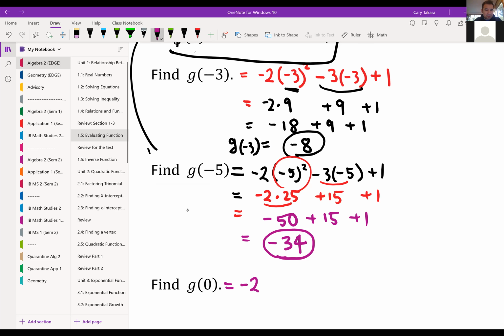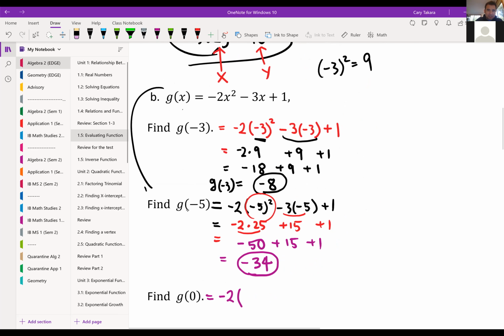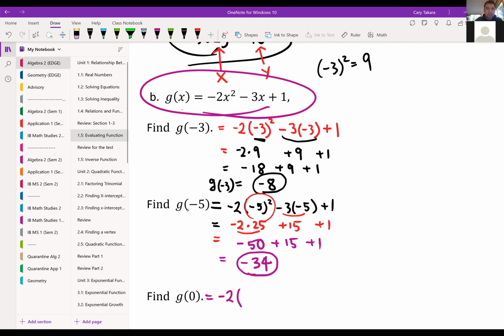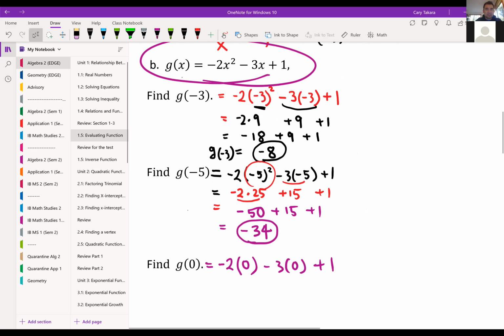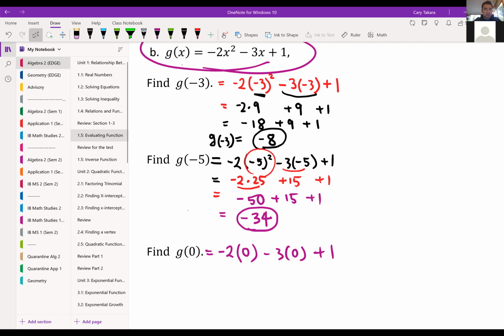It's negative 2 times, again, it's the same function, the same vending machine, okay? Now this time we're going to put 0 into the machine. So you put 0 minus 3 times 0 plus 1. So what's going to happen here?